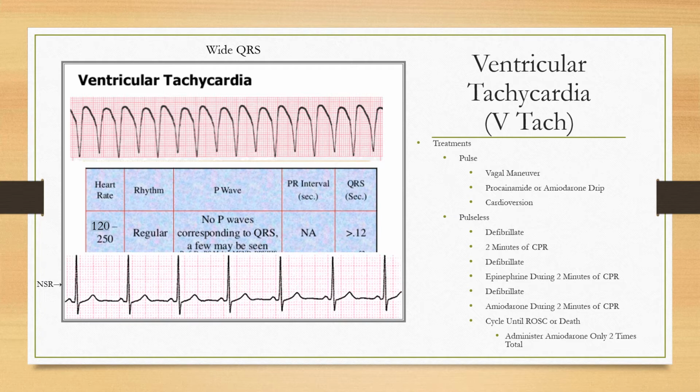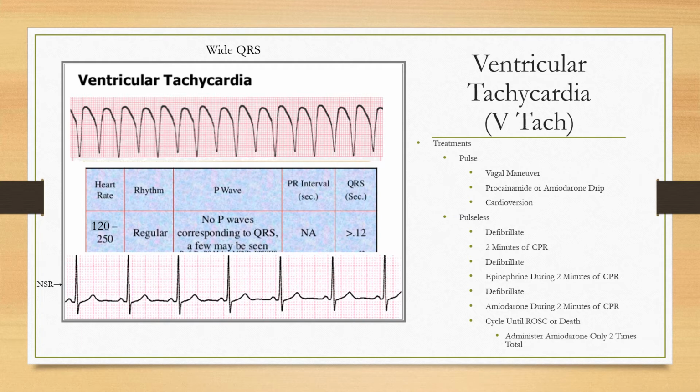And after 2 minutes, we defibrillate again. If that doesn't work, we put in an antiarrhythmic and we do 2 minutes of CPR, and on and on and on. So epinephrine we will give every 5 minutes IV. The antiarrhythmic will typically only be done twice. So we'll give the amiodarone on 2 occasions, okay?